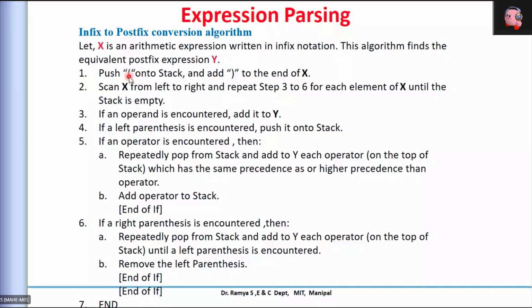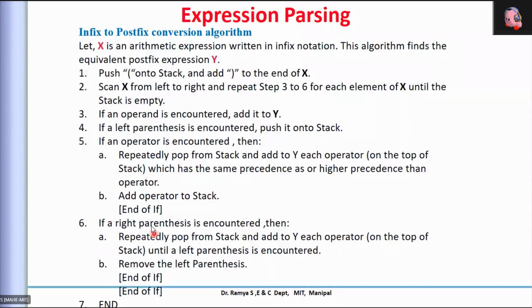So you are pushing the opening bracket onto your stack, and at the end you add a closing bracket to x. Then you scan the expression from left to right, taking one by one, and you repeat all these steps until the stack is empty. Simple, so I don't go again and again to this.